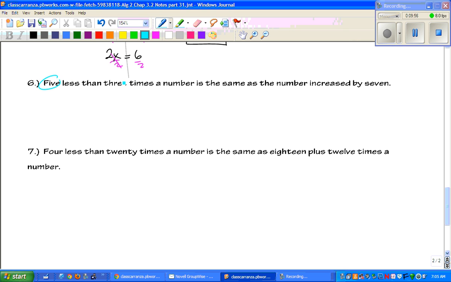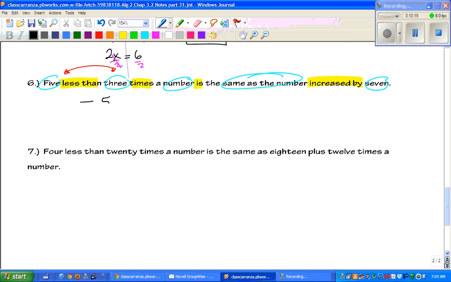So 5 less than 3 times a number is same as the number increased by 7. Just go through and get our keywords. Okay, less than, once again, we're going to need to switch.